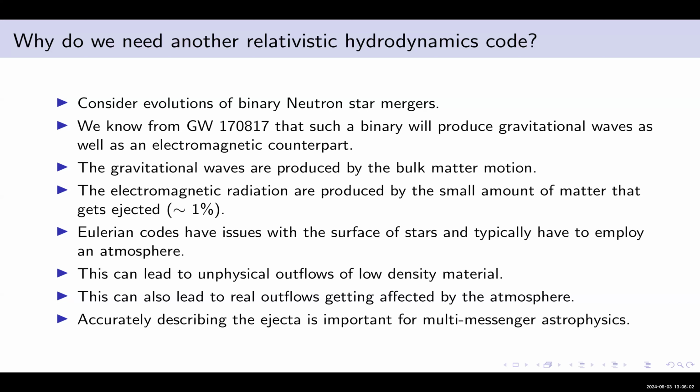And we know that the gravitational waves are produced by the bulk matter motion, whereas the electromagnetic radiation is produced by a small amount of matter that gets ejected from the main system. And this can be of the order of 1% of the matter. And one of the things that Eulerian codes have problems with, essentially based on the numerical methods used, high resolution shock capturing schemes, is that they have issues.